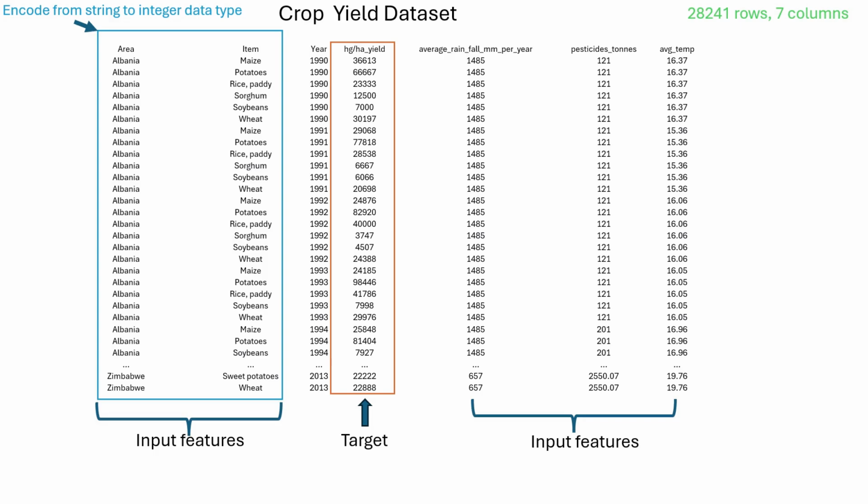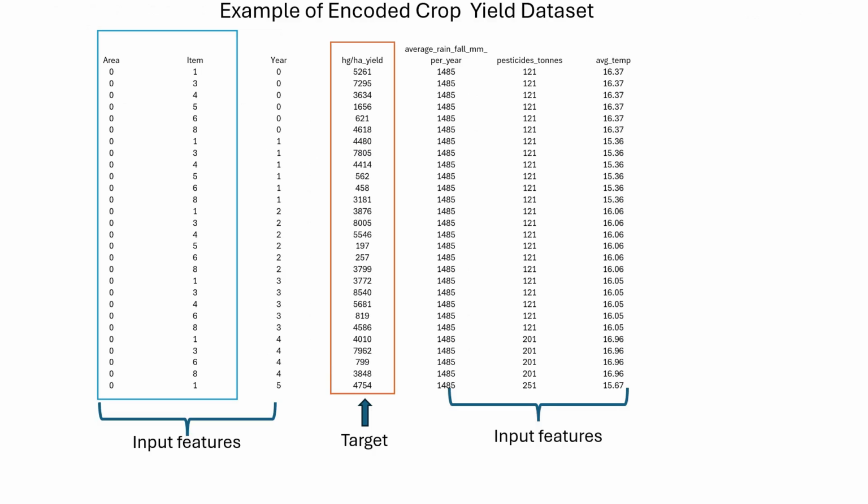This encoding ensures that the model can efficiently process the data during training. This is an example of the encoded crop yield dataset. As we can see, the area and item columns are all encoded into integer values instead of text strings. This will guarantee our model trains with this dataset without any issues.